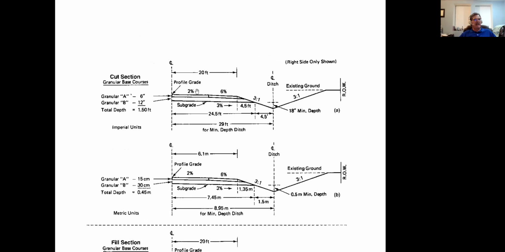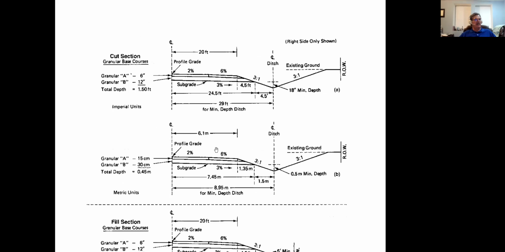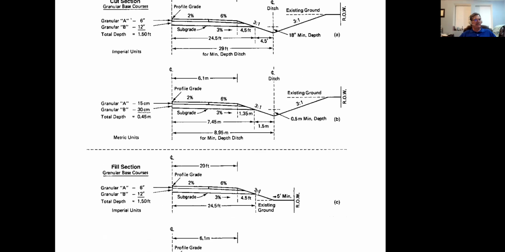You would use this half section if you were in a cut situation where you're making a ditch, and you would use this half section in a fill situation where you're not making a ditch. You're just filling the ground up, and as you hit the existing ground, it sort of flattens out. So just different cross sections, different things you would use to stake something out in a set of plans.